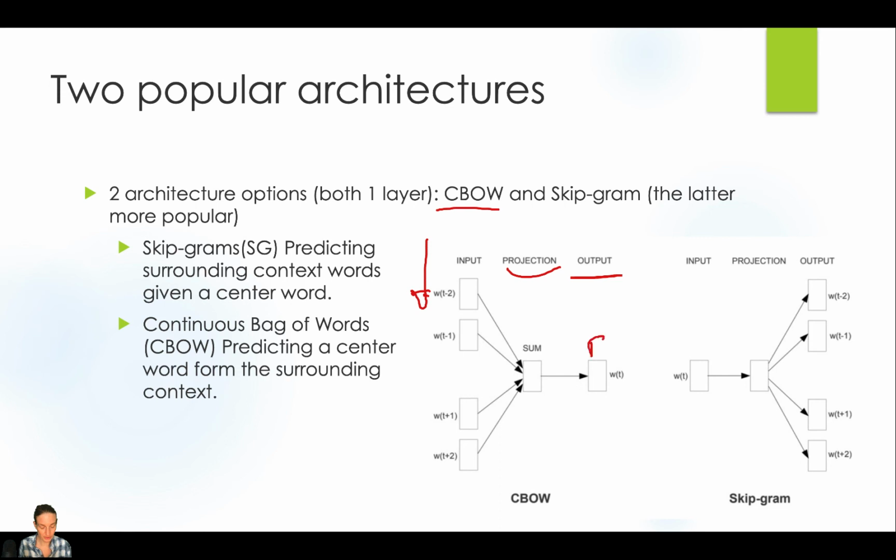This is our word pizza, and this is the context in which pizza occurs. So we're teaching the network to predict a word given its context. In the second architecture, skipgram, we do exactly the opposite. So we give the model pizza and we learn to predict the context. Both of these models boil down to pretty much the same thing.